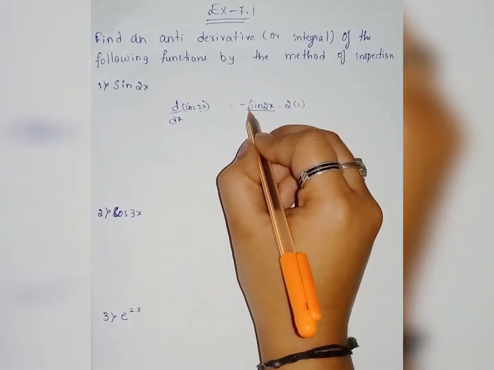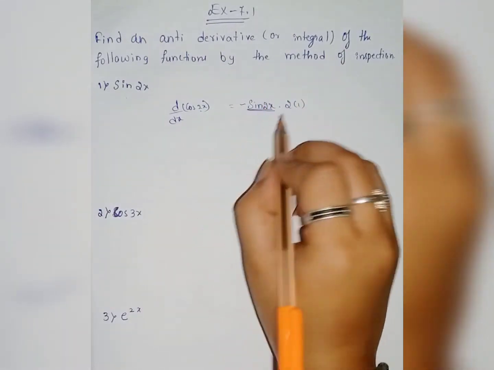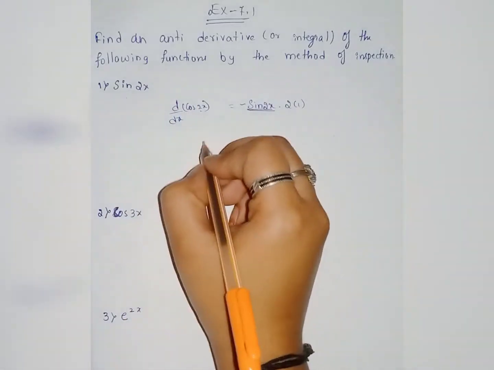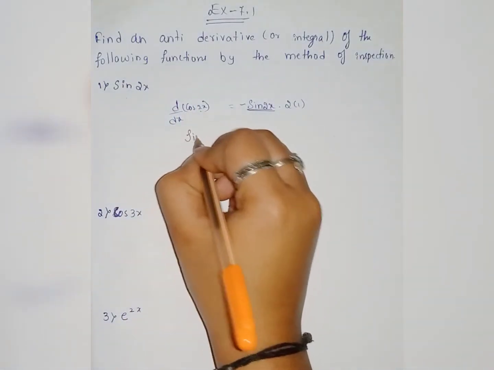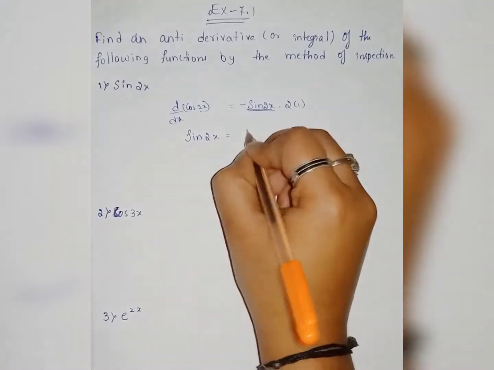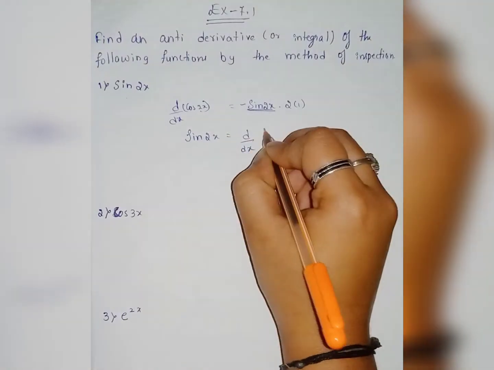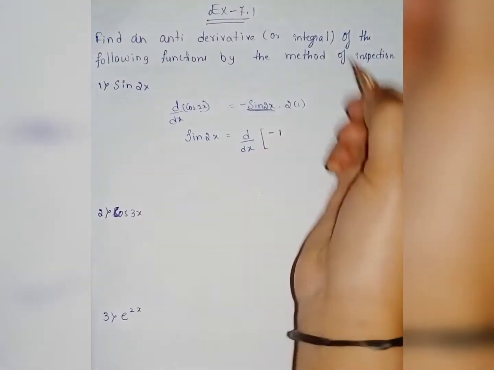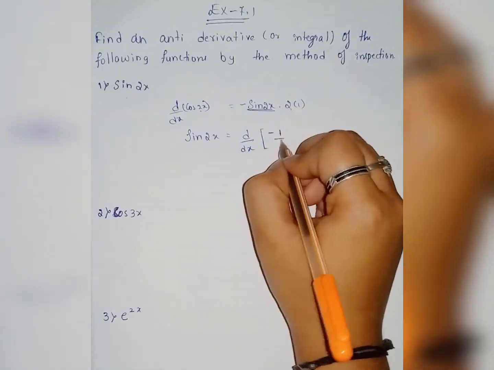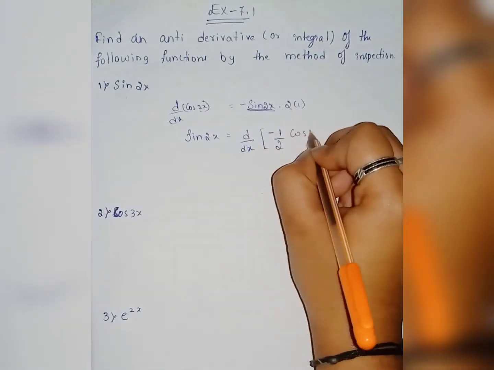Now we just need sine 2x alone, so take all the other things to the other side. So sine 2x is equal to d by dx of minus 1 by 2 cos 2x.